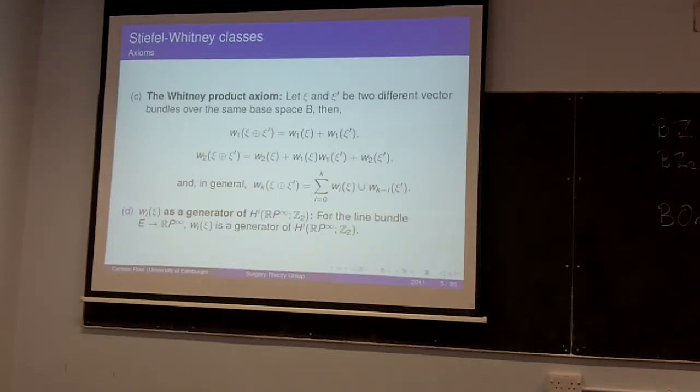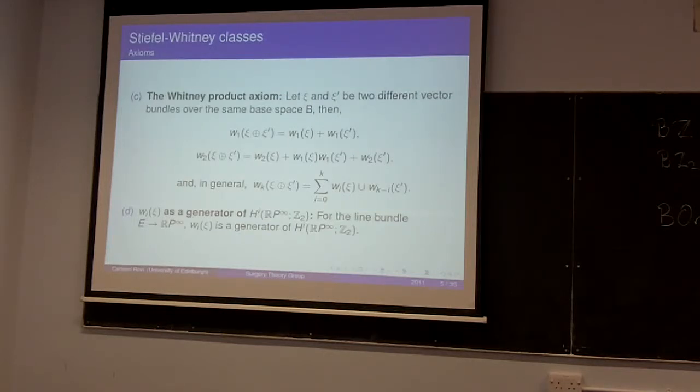Now, the Whitney product axiom means that if you have the direct sum of two different vector bundles built over the same base space, then as you see, the Stiefel-Whitney classes can be added up as well.